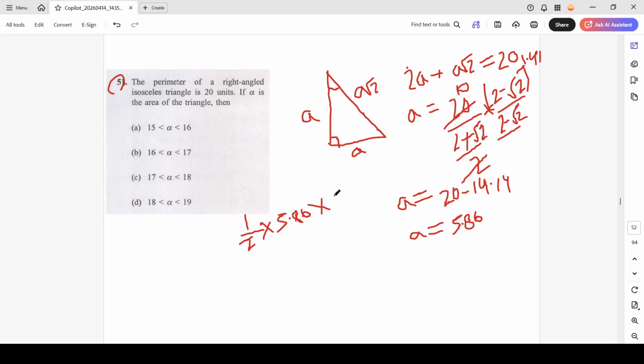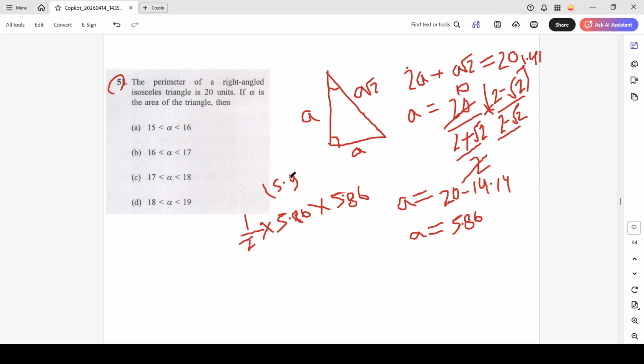If we round off 5.86 as 5.9, then we will get an answer a little bit greater than the actual answer. That means 5.9 whole square.